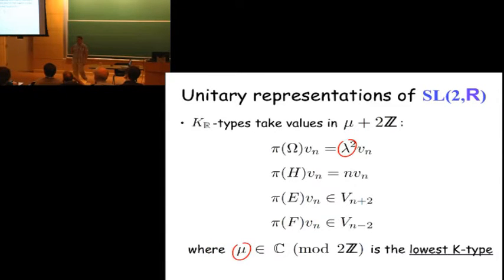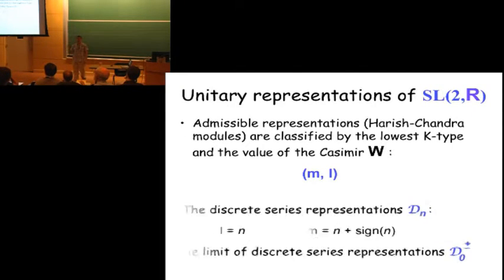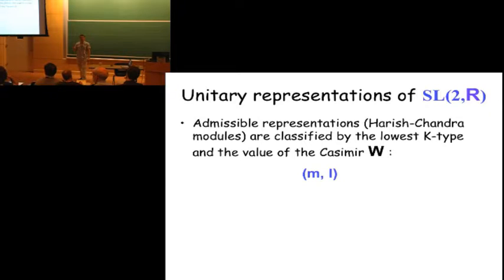In general, what we just described is essentially the definition of admissible representations, or equivalently, Harish-Chandra modules. And they're labeled exactly by these two pieces of data. One piece of data tells you how the maximal compact acts, the offset which we call mu, the lowest K-type, or sometimes the highest K-type, plus the value of the Casimir. At least for SL2R, all representations, all Harish-Chandra modules, will be labeled by these two pieces of data.